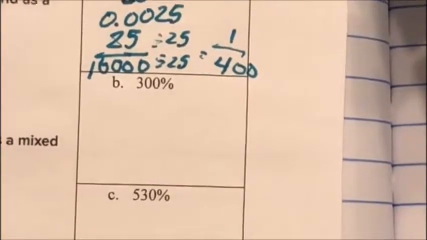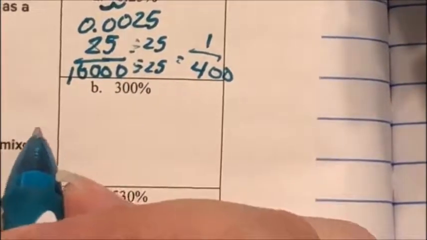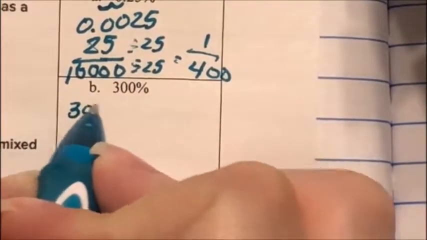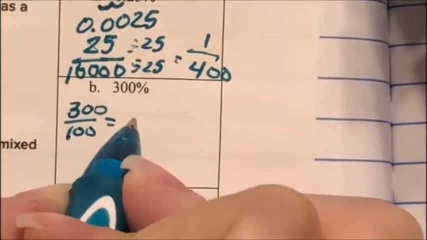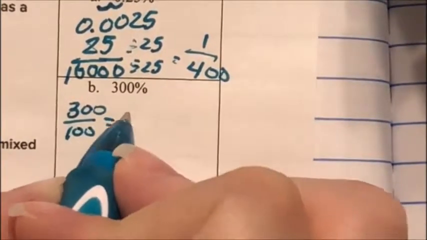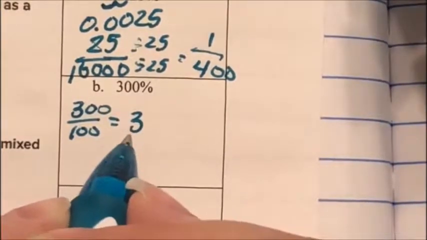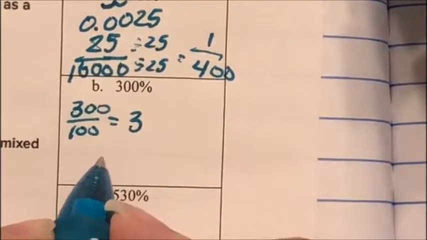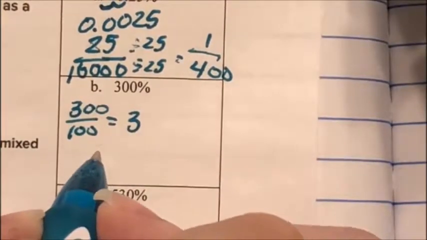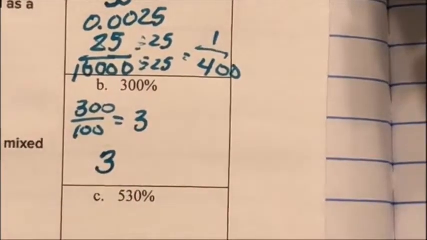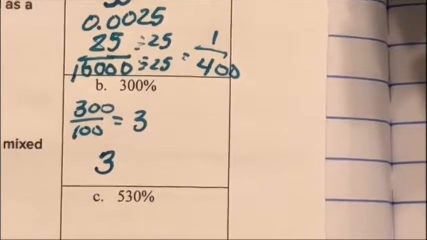For letter B, I have 300%. That's the same thing as saying 300 over 100, which is just 3. So I don't have to write it any other way. So 3, and then as a decimal, it would also be 3, because it's just 3. It's a whole number.